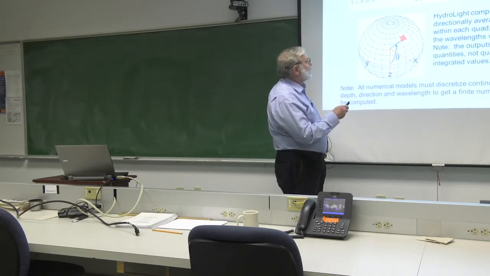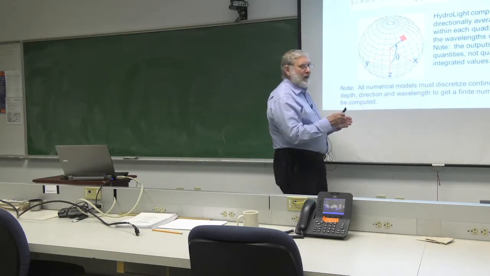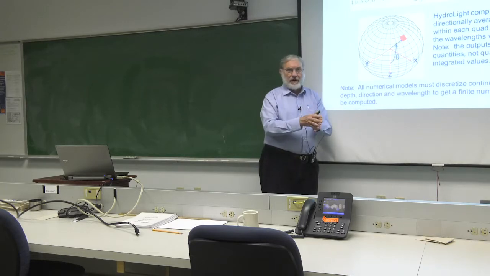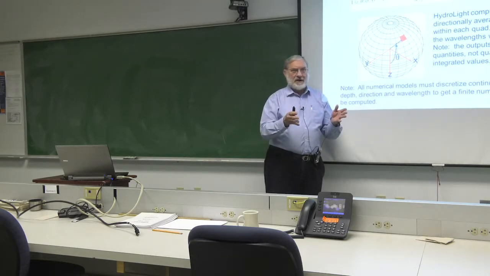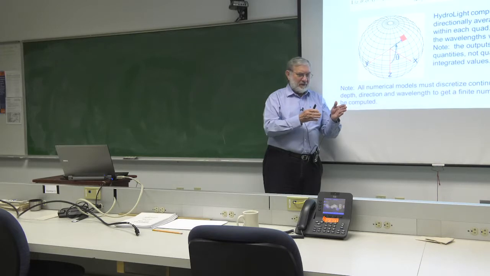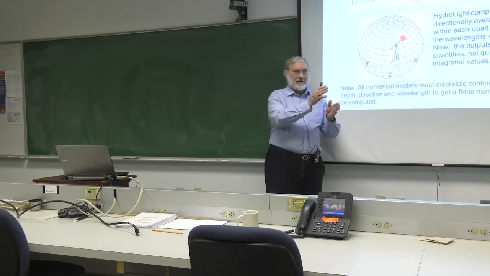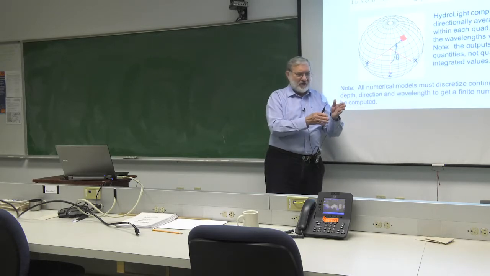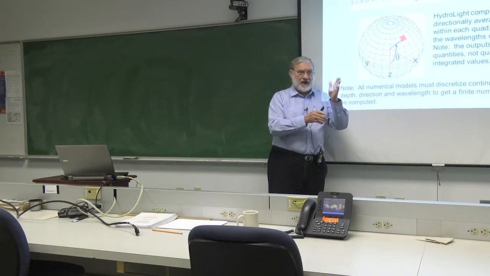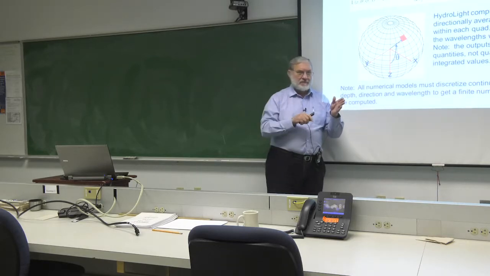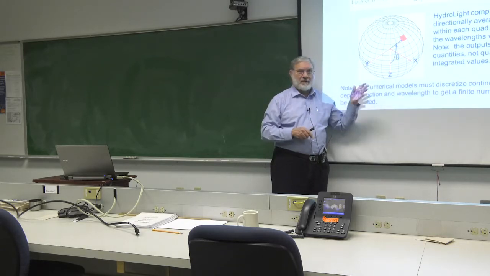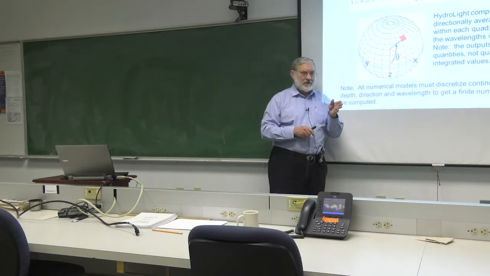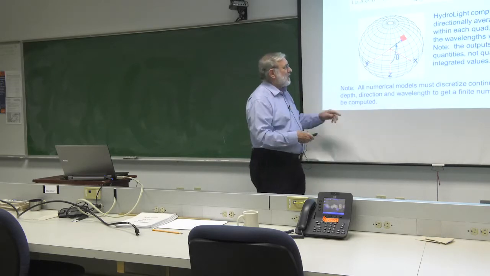So there's the averaging over solid angle, and then you run it from, say, 400 to 700 nanometers by 10 nanometers. So the first band will be 400 to 410, and it'll call that 405 in the output. But what it really is, is an average over 400 to 410, where the sky radiance distribution is in there in Hydrolight at 1 nanometer resolution, so it'll average the values over those 10 nanometers, and that's what you get back.